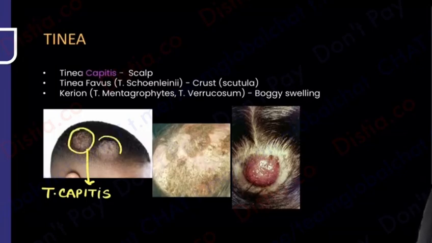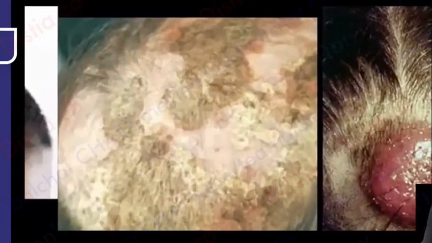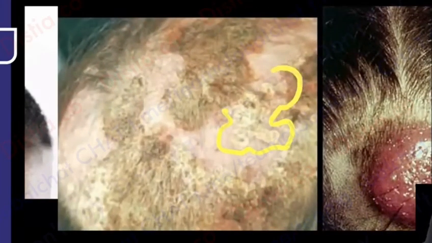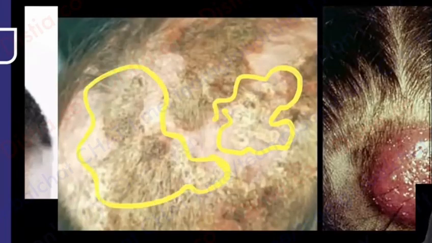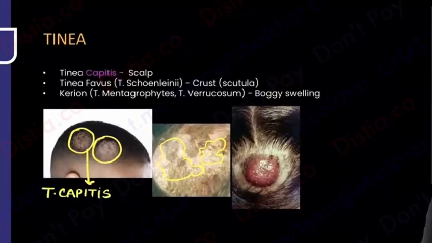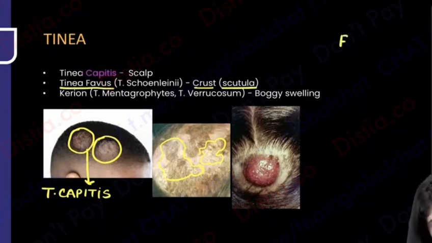Okay, you can see these patches, but suddenly on these patches, if I say that there is some crust formation, you can see if you zoom in carefully, in the next picture you're seeing some crusting over here and some crusting over here. So if you start seeing crust formation, that is known as crust or scutula. That is known as Tinea favus. Now remember, I have learned Tinea favus: favus means flakes and flakes means crust.